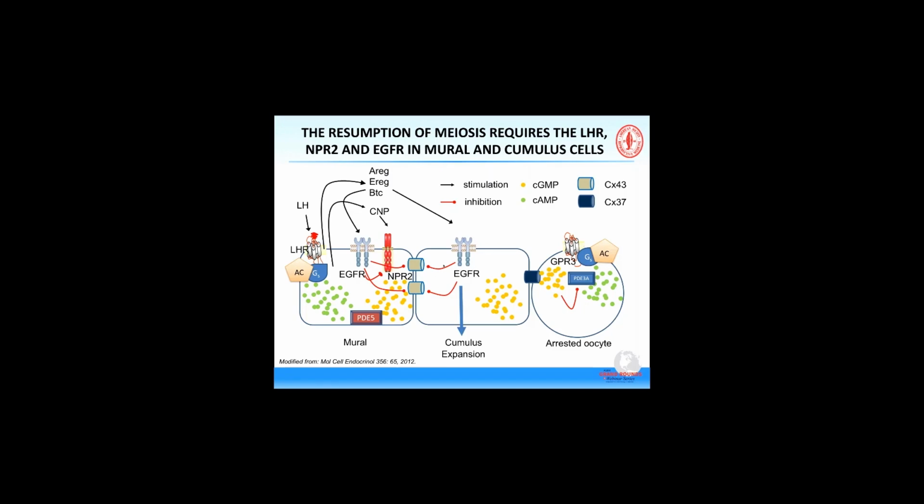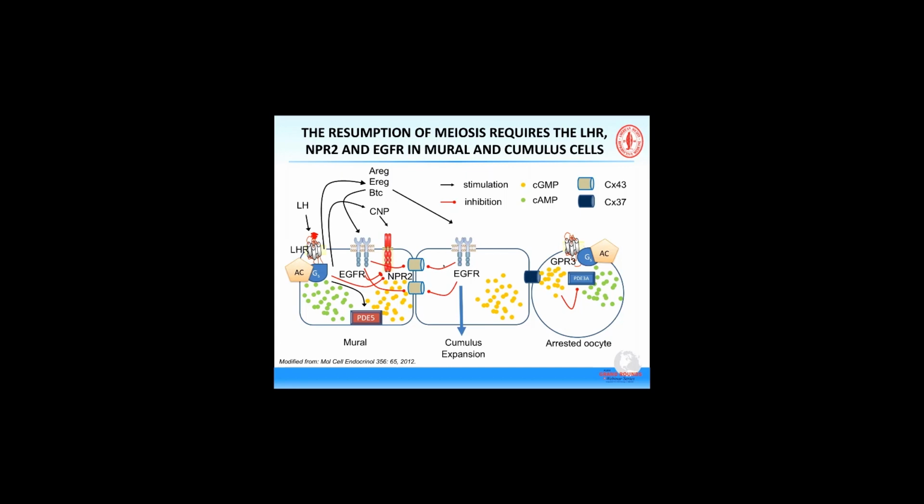And yet another important aspect of the function of the EGF receptor is the partial inhibition of the activity of NPR2 in the mural granulosa cells. So what do you think will happen with this, right? So if you inhibit NPR2, there is going to be less cyclic GMP that is going to be formed.